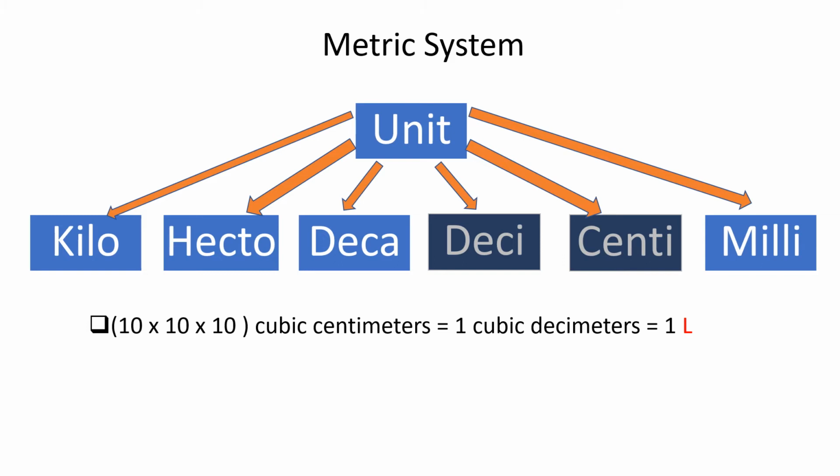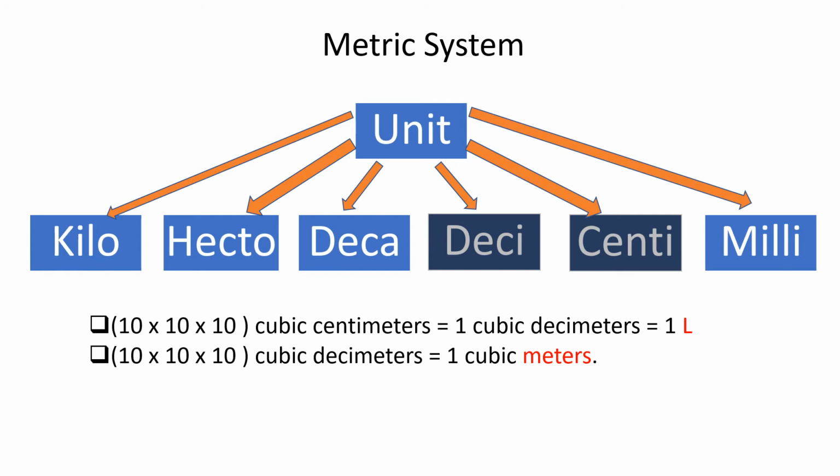And you must remember that 1 cubic decimeter is actually a liter. That means 1 liter is actually 10 times 10 times 10, or 1000 cubic centimeter. That means 1000 cubic centimeter is 1 liter. That's the beautiful thing here. As 1 liter is actually not 1 cubic meter, but it is 1000 cubic centimeter.